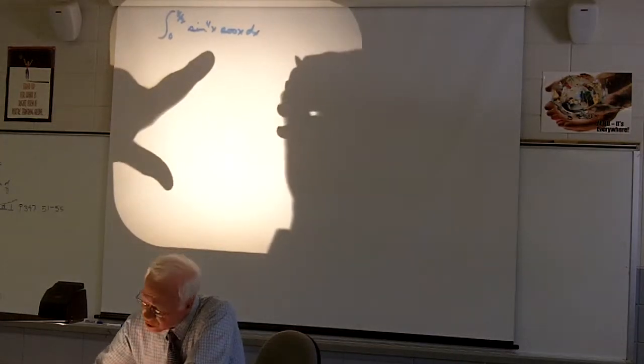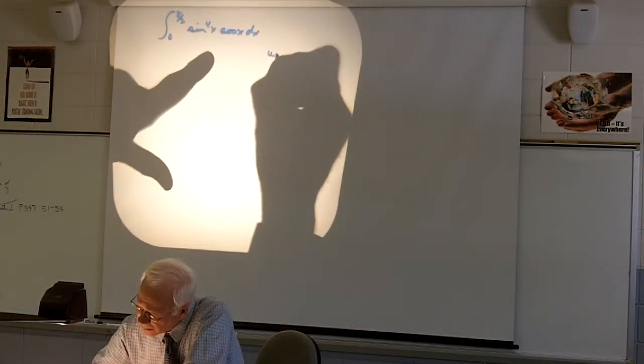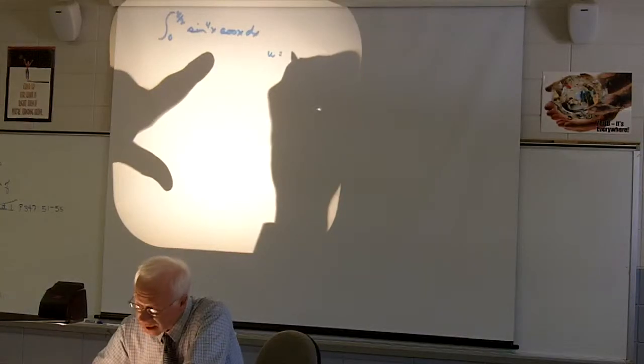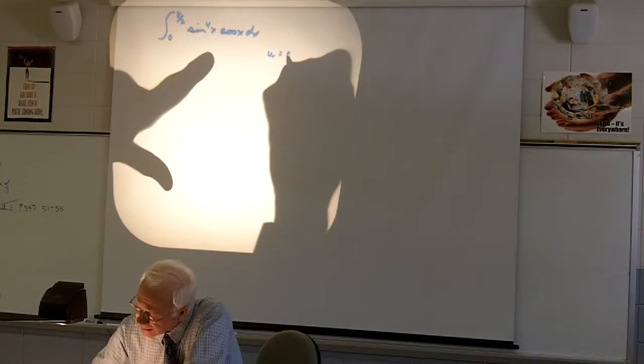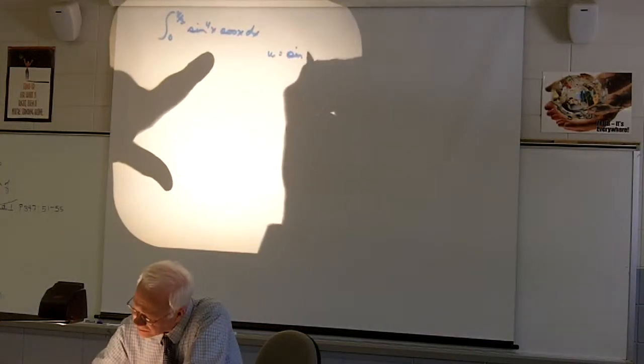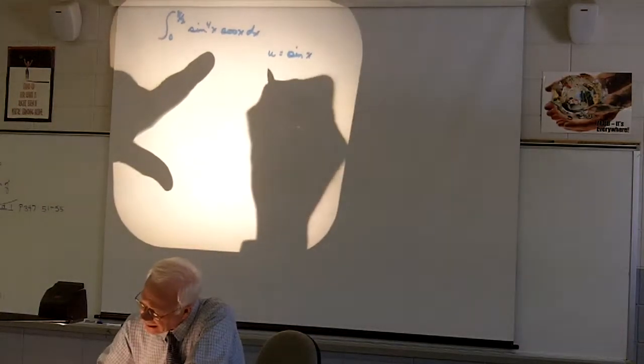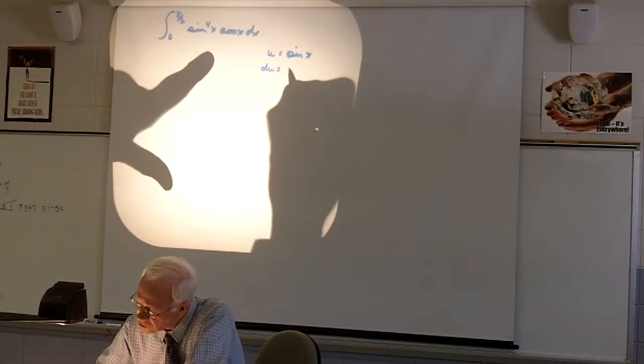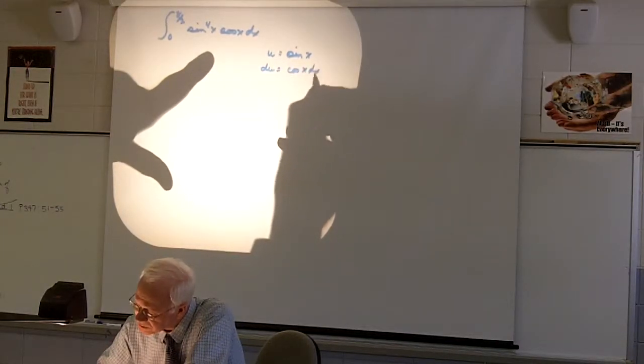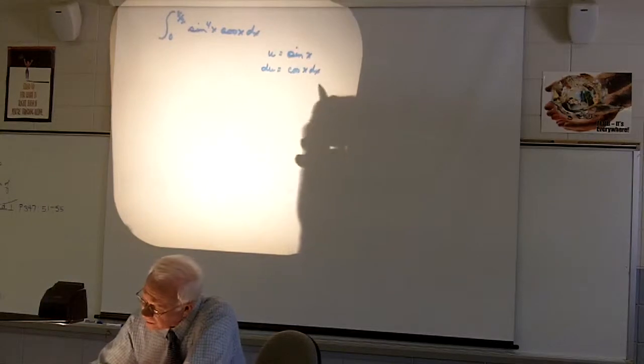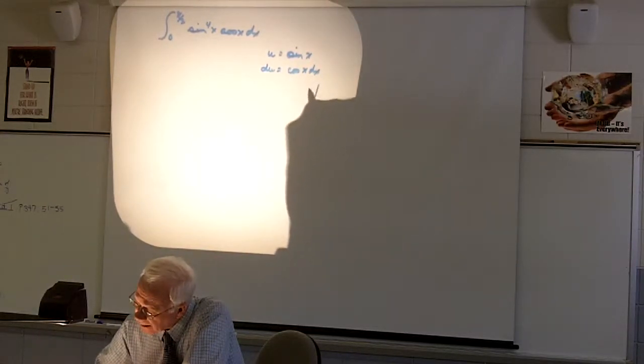We're going to do u substitution, so u is going to equal what? Sine of x. I don't think so. Why not? Oh yeah, excuse me, you're right. Sine of x. And then du equals cosine x dx. Now, here's x and here is u.